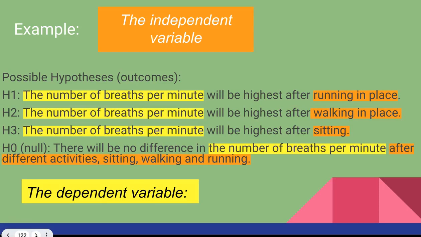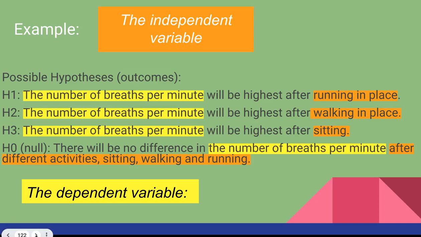So looking at the example of our breathing rate lab, where we were testing which activity is going to cause us to have the highest or the greatest breathing rate, or number of breaths per minute. In that case, we've got the possibility that the number of breaths per minute will be highest after running, or the number of breaths per minute will be highest after walking in place, or the number of breaths per minute will be highest after sitting.